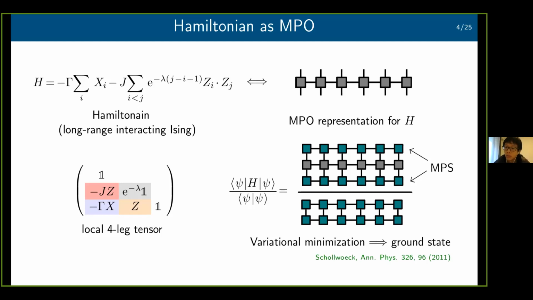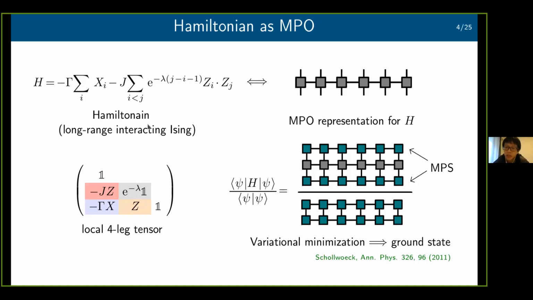So this is the basic spirit of this MPO representation. And there is a very standard way to construct these MPO representations for Hamiltonians. Basically, we only need to take the local terms from the Hamiltonian and put them into our local tensors. And then we can obtain the MPO representation.